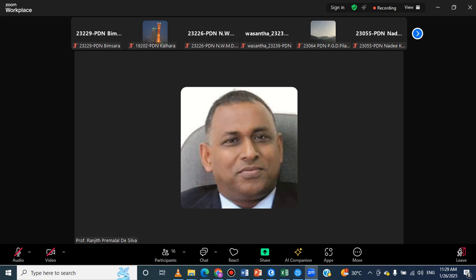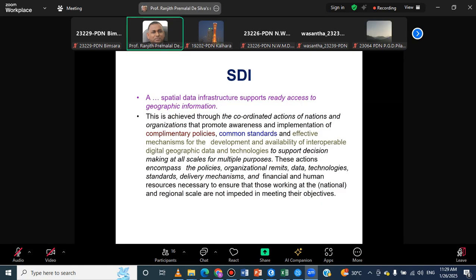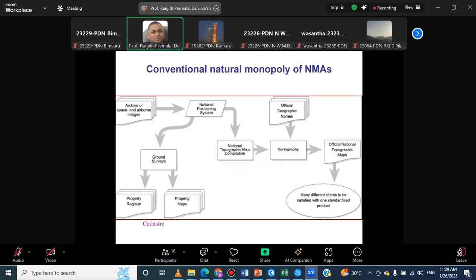If you look at this diagram, it shows the conventional natural monopoly of national mapping agencies. What is our national mapping agency? It's the Survey Department.